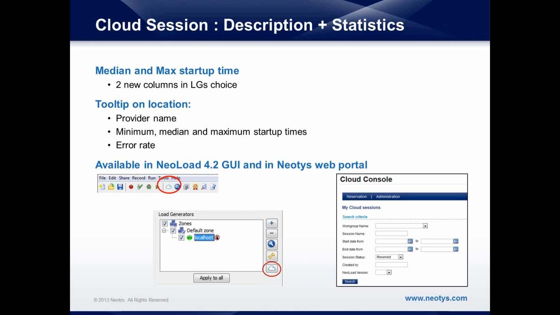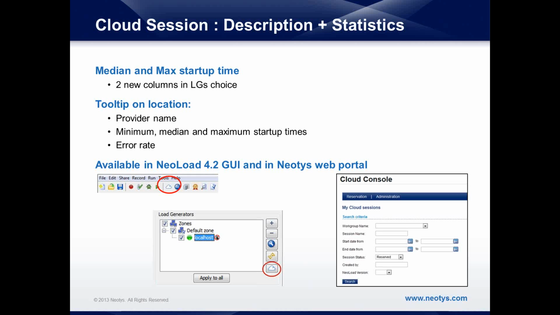When you get access to your NeoLoad console, you have 2 new columns. They give you more information about the median and max startup time for the load generator. That helps you take the most appropriate zone in case you want to quickly launch a test. In fact, this is a sort of, if I can say, cloud platform forecast weather.